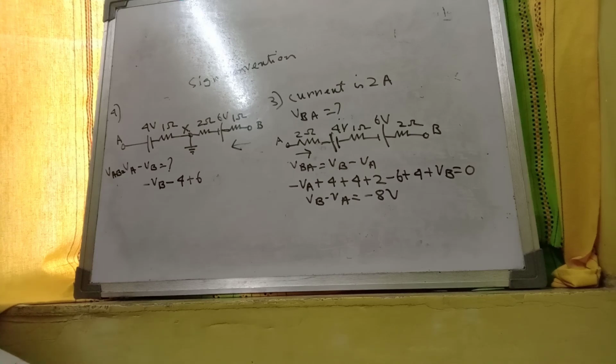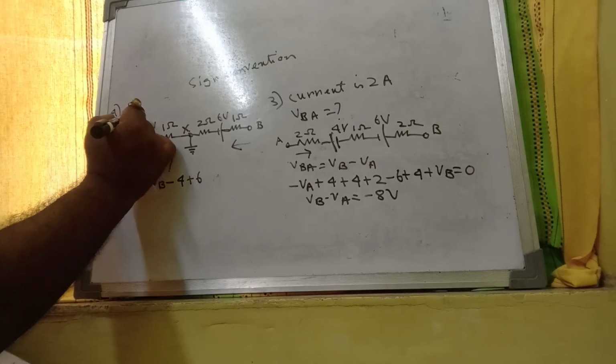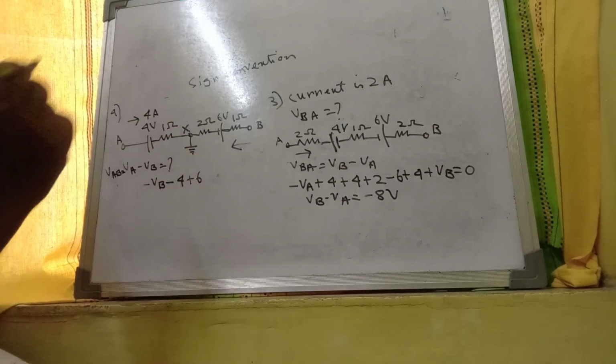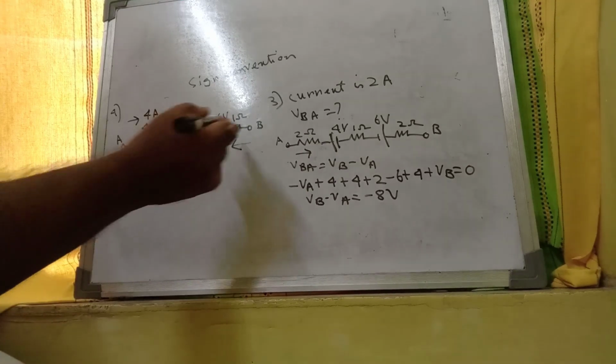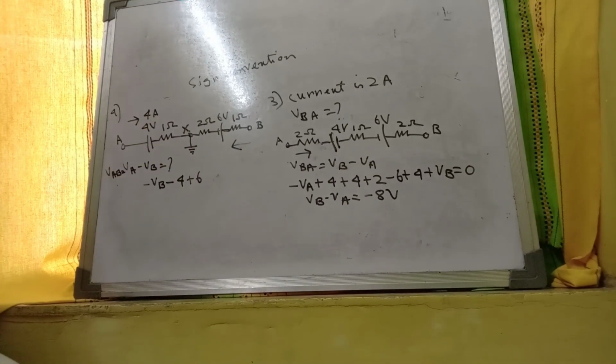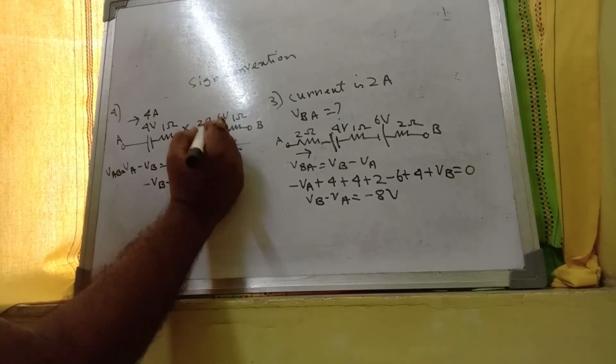So current of 4 ampere is flowing. So this is 4 ampere current is flowing. Remember this. So in that case, minus VB minus 1 into 4, 4 plus 6 minus 8, 4 into 2.